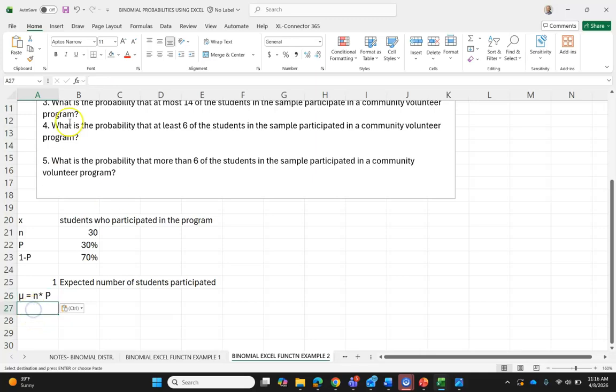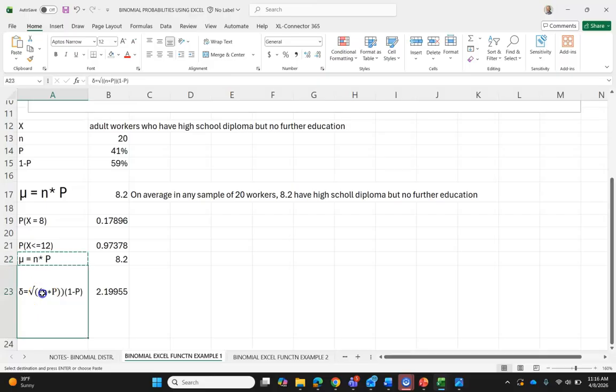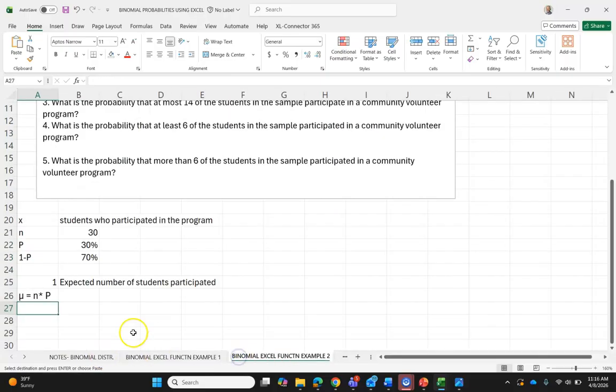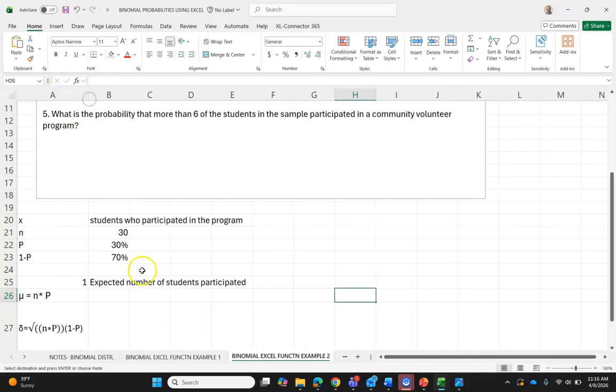And also the other formula, which is the standard deviation formula. Let me copy it and paste it here.